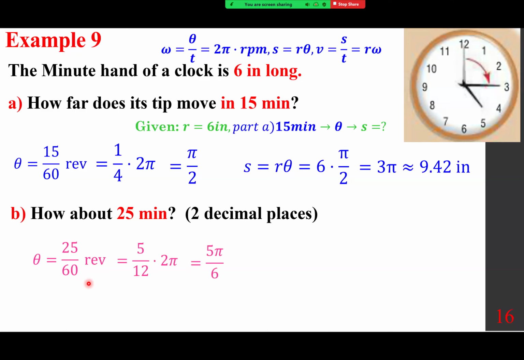So it's a different angle, that's all. And again, we go back to this one, and instead of pi/2, we put 5 pi/6. These two cancel each other. 5 pi, roughly 15.71 inches.